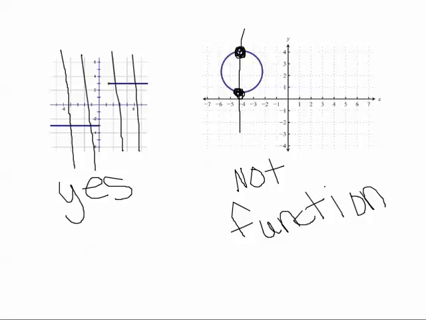Okay, not a function because that vertical line crossed your graph 2 times. If it only crosses it once, like it only crossed it once there, once there, once there, once there, that's a function. So you're good to go. Not a function. So the difference between the two, just do the vertical line test.